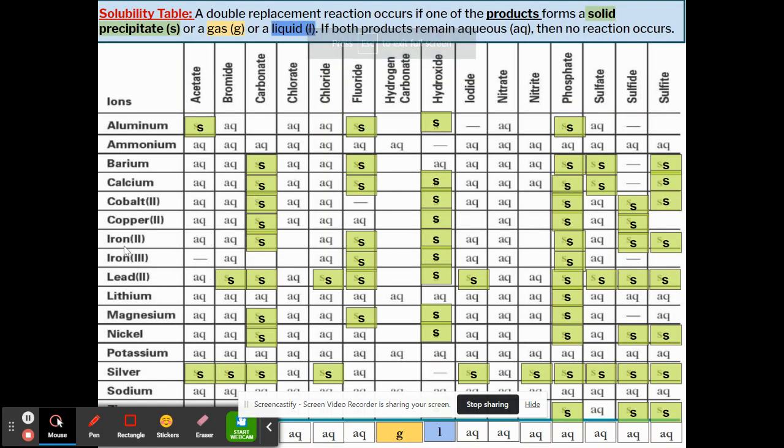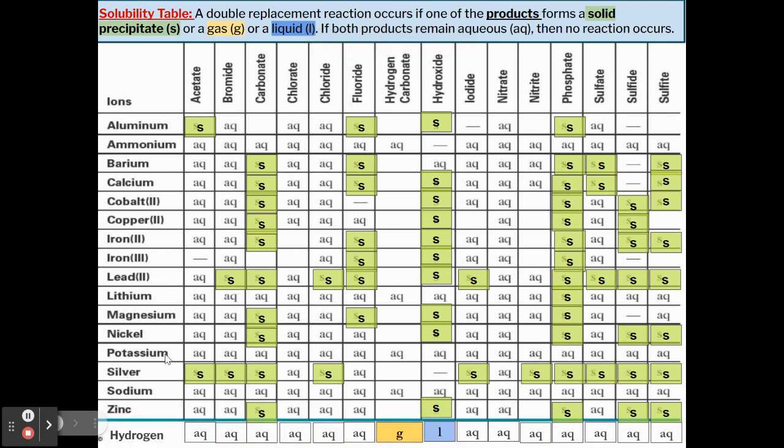Okay, so let's see here. So sodium sulfite. Well, sodium doesn't form precipitates with anything. So sodium sulfite isn't going to give us a reaction. The other thing produced was lead. No, it was silver chloride. Silver chloride. So let's see here.